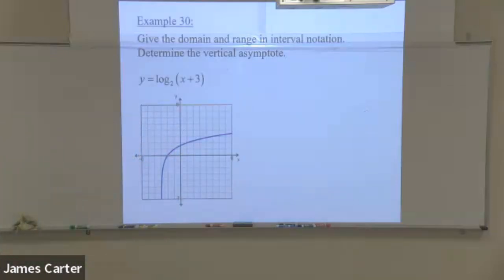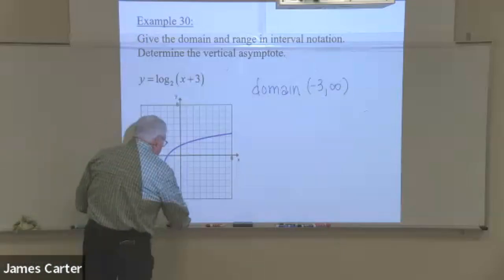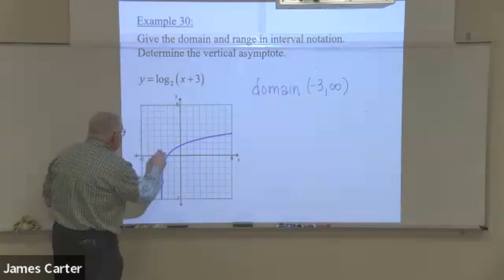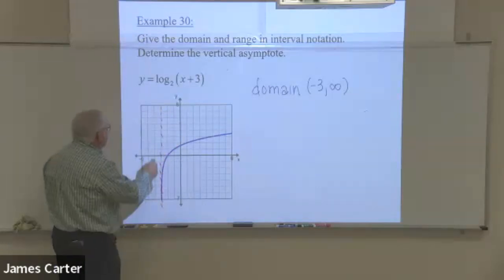What about this one? This we're asking a different question. We're asking about domain and range in this one. Notice what this domain is over here. What there really is there is an asymptote here at -3.